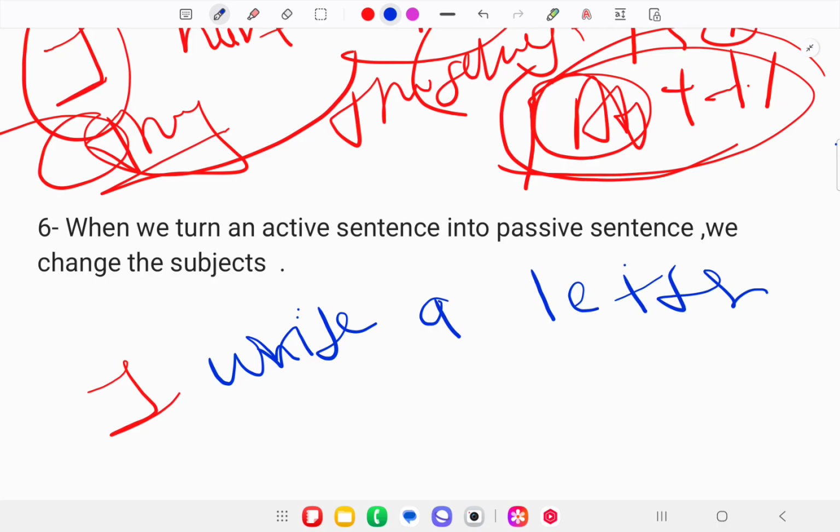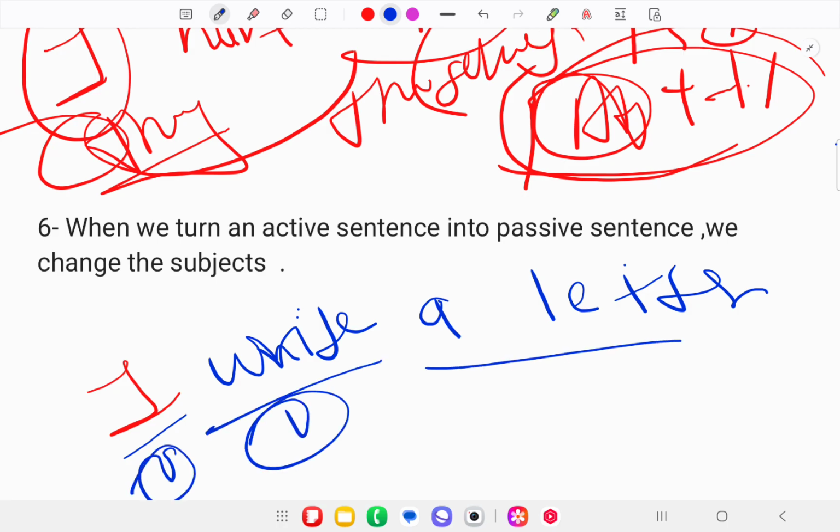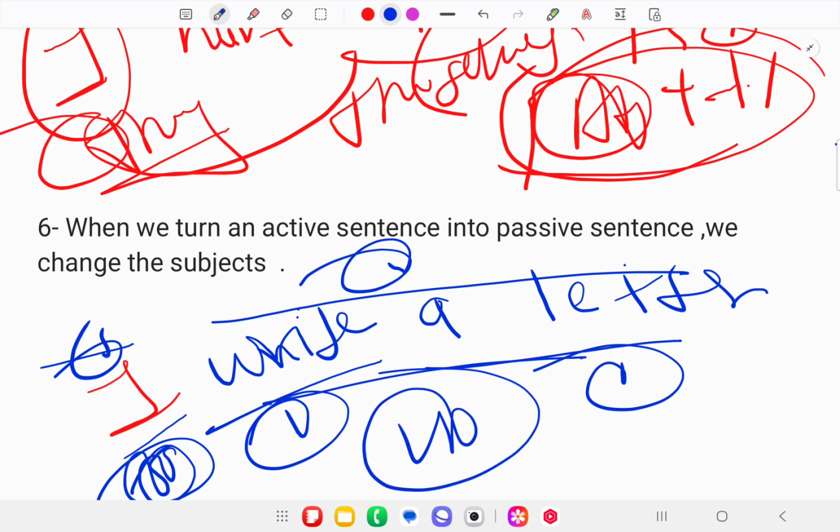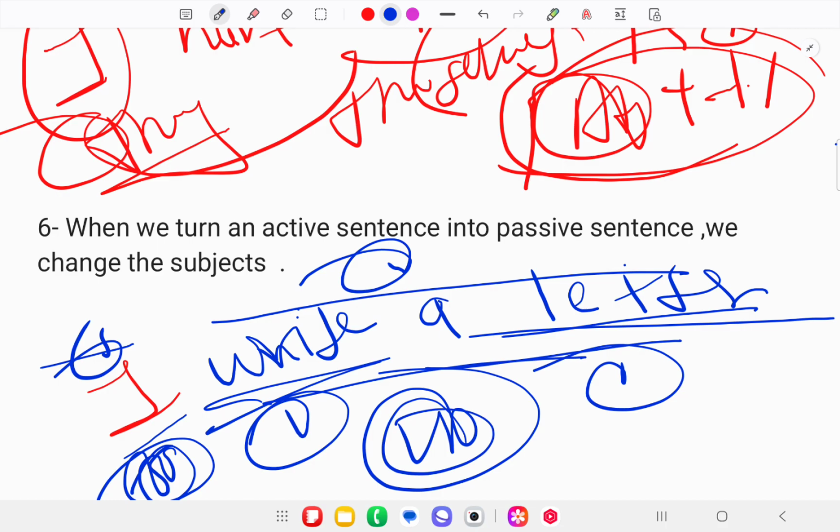According to the general structure of our grammar, this is the subject, this is the verb, this is the object; or this is the subject and all of this is the predicate, or this is the subject and this is the verb phrase. Here verb plus object, the letter, is something that is written, a kind of noun. So "I write a letter" is also a verb phrase, but I am talking about the rules, the grammatical features of a subject, and how to identify it.